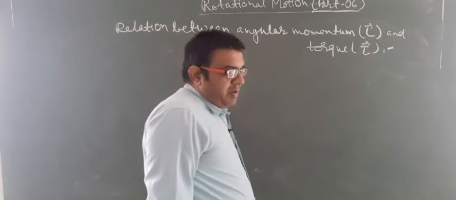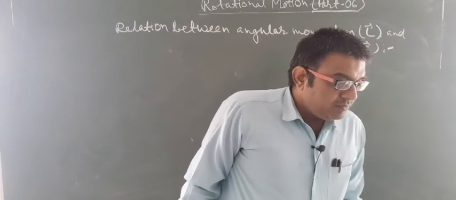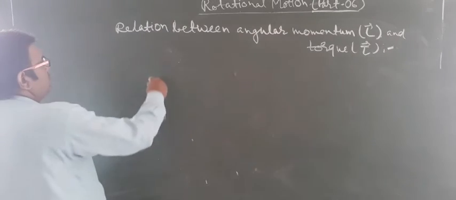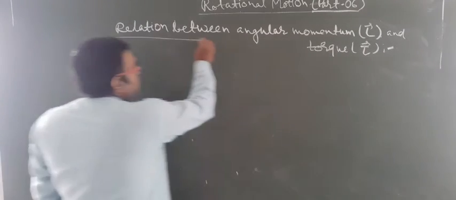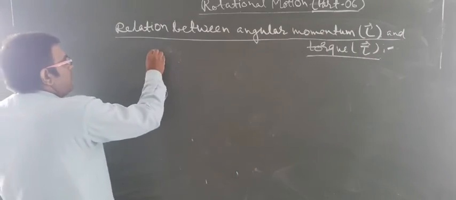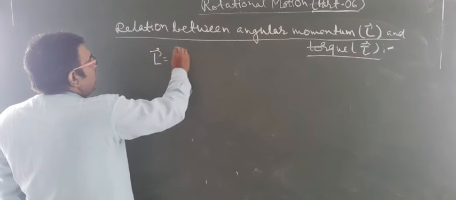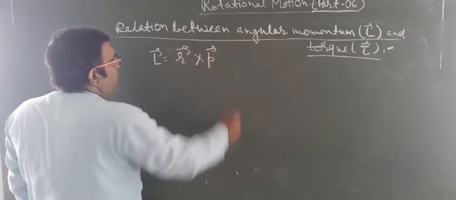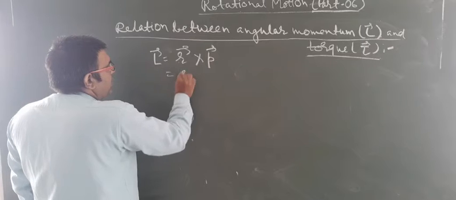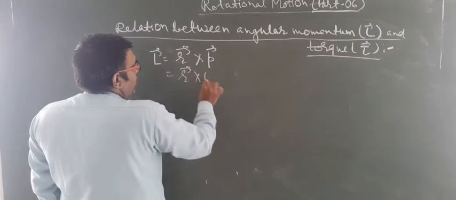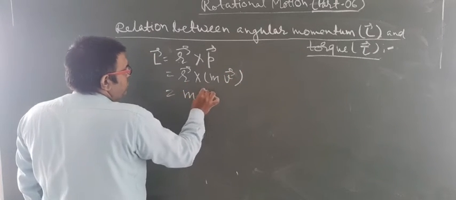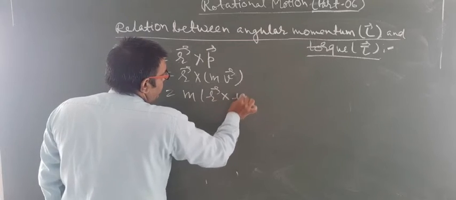As you know, angular momentum L is equal to what? R cross P. L is equal to r cross p, and you can write it as r cross m v, and from here you can write it as m r cross v.